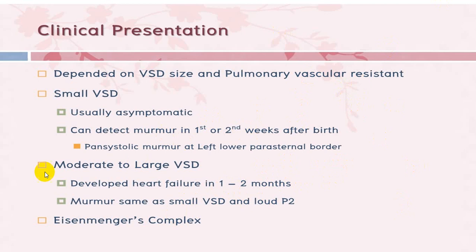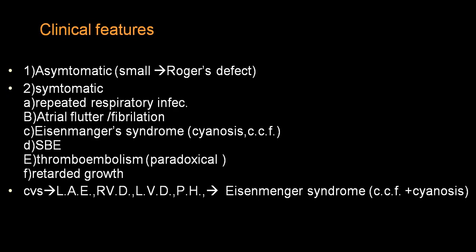It will be a very loud pansystolic murmur, almost 6 by 6, radiating over a very large area. And once there is a reversal of the shunt, we call it Eisenmenger complex: cyanosis, signs of hypoxia, clubbing, paradoxical embolization, and signs and symptoms of congestive cardiac failure will be there.